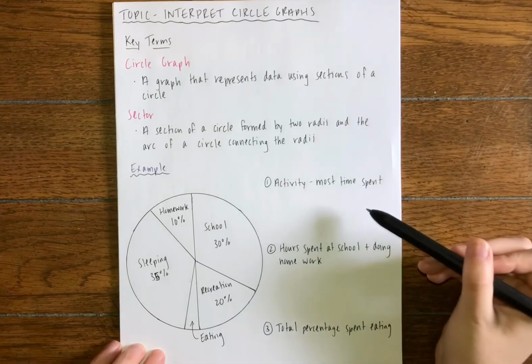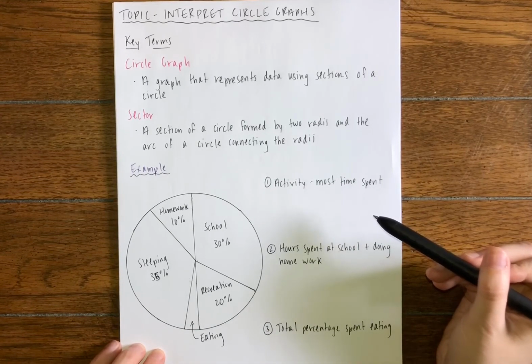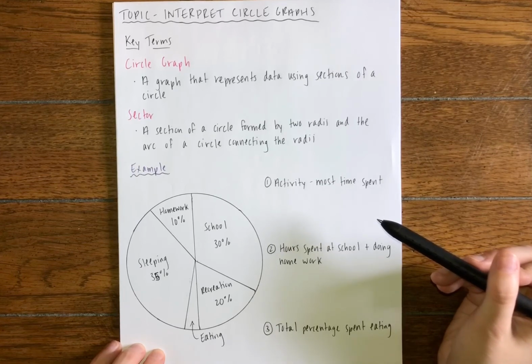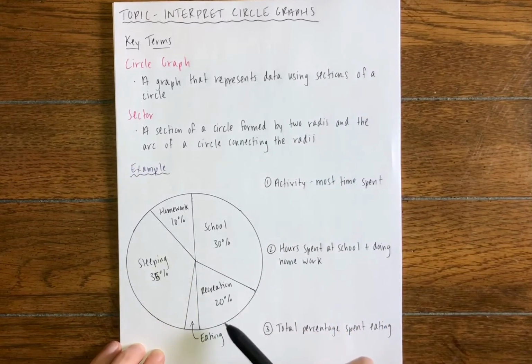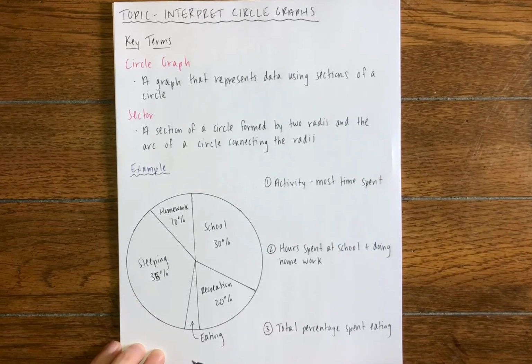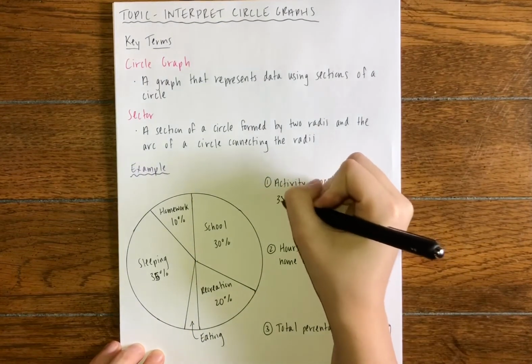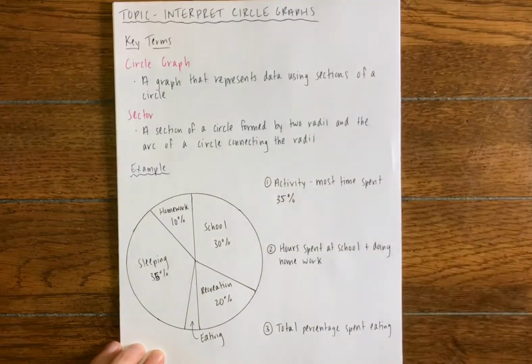For question 1, what I want to do is determine what activity he spends the most time doing. Looking at the circle graph, you can see that he spends the most time sleeping, 35%. So we have 35%, and there are 24 hours in a day.